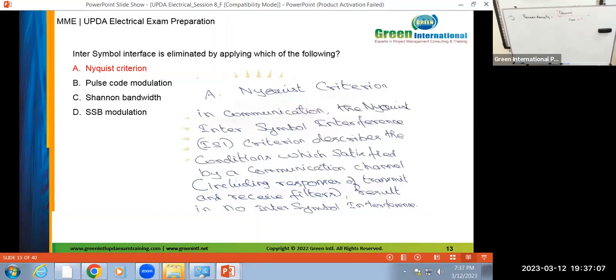Like in circuit theory, we have some theorems: Thevenin's theorem, Norton theorem, superposition theorem, maximum power transfer theorem. Similarly, here we have some concepts and theorems, especially the interference technique.